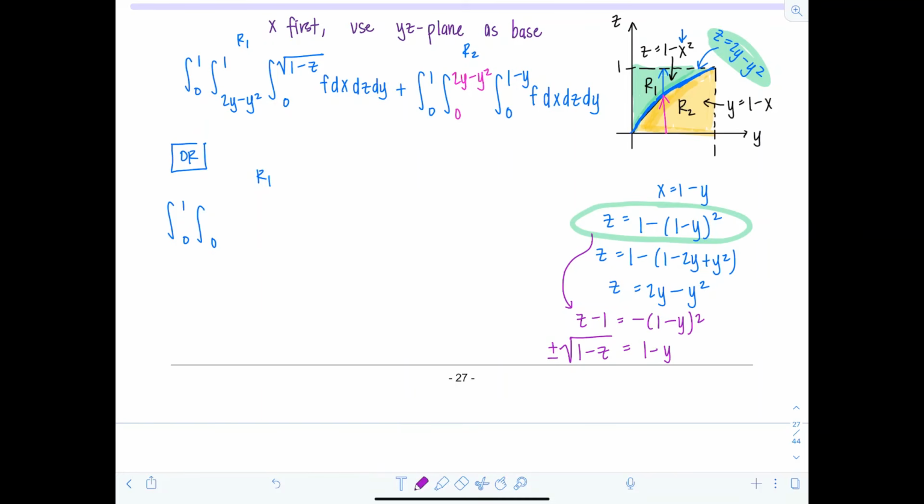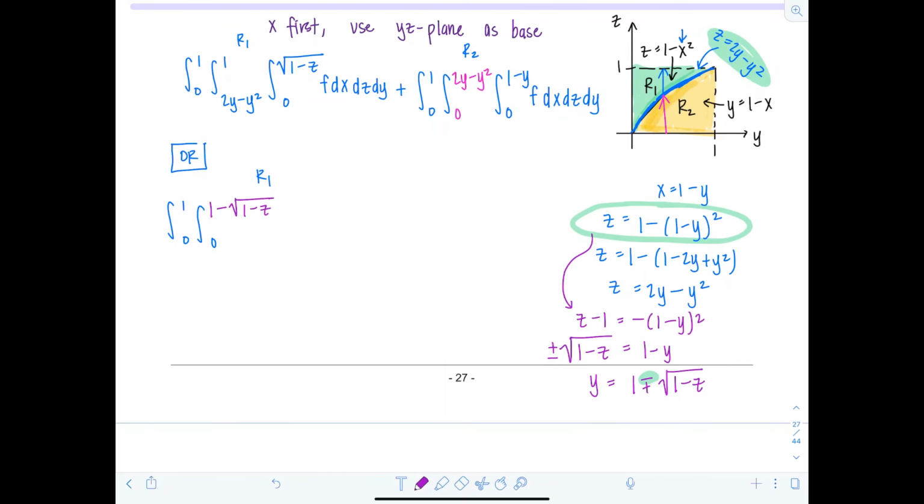And then I'm going to subtract 1 over and then multiply by a negative. So I get y equals 1, and then that'll switch to minus plus rad 1 minus z. So which one am I going to choose? I'm going to choose the negative, right? Because we're up in that portion of the yz plane. So we're going to go from 0 up until 1 minus square root of 1 minus z.